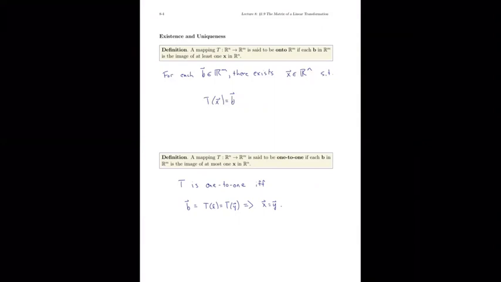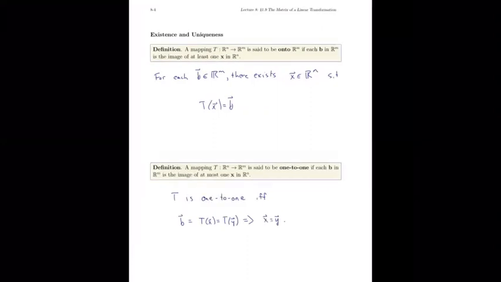Okay, and that's opposed to being one-to-one. These are two completely different ideas, even though they're always sort of taught or thought of together. One-to-one is slightly different. It says that a mapping or transformation from Rn to Rm is said to be one-to-one if each B in Rm is the image of at most one X in Rn. So at most is key, at most one X in Rn.